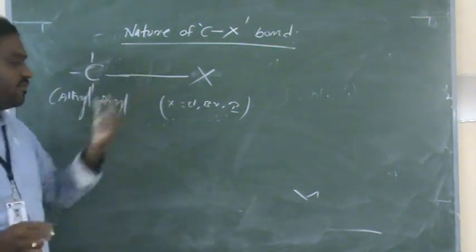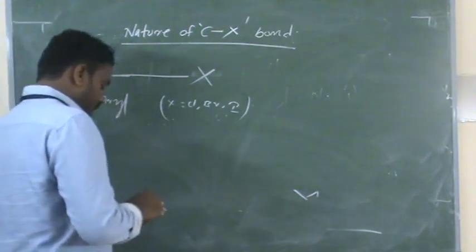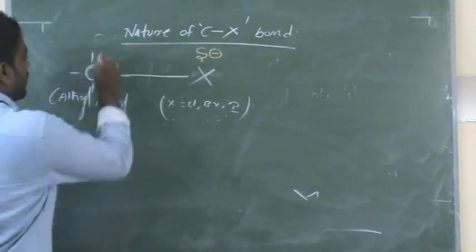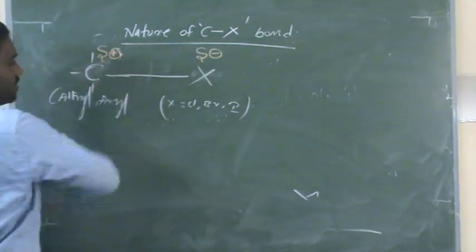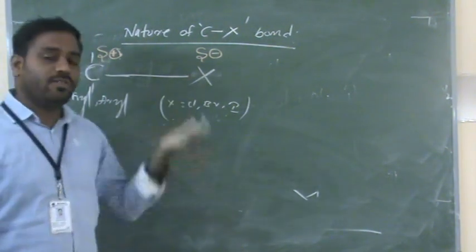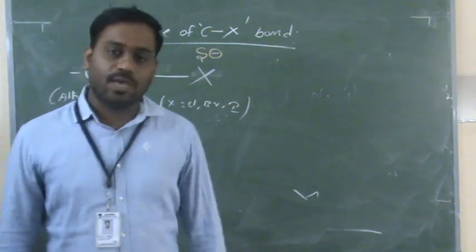So this bond is covalent, but there is a partial negative charge on the halogen side and a partial positive charge on carbon. Why? Because you know that halogens are the most electronegative elements in the periodic table.